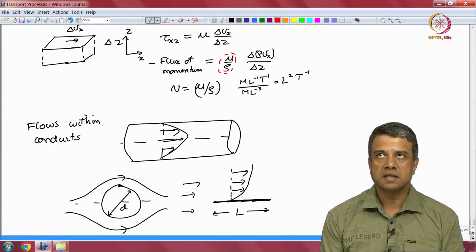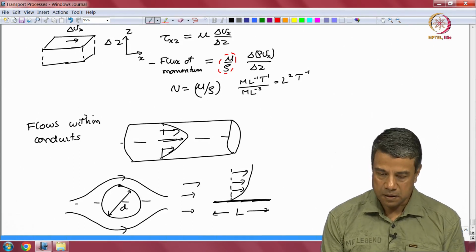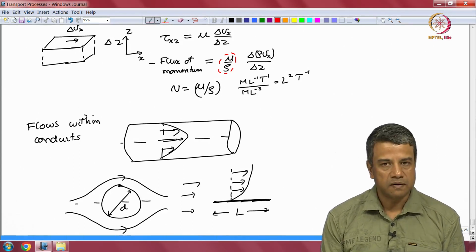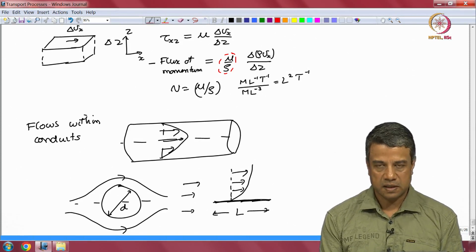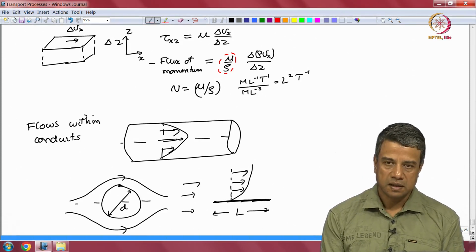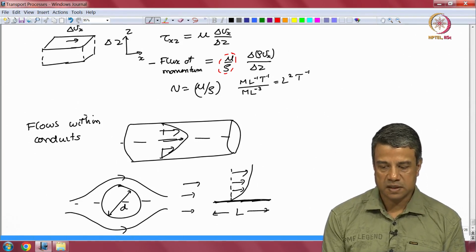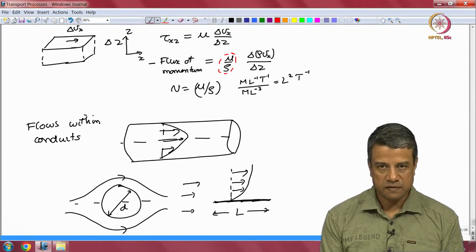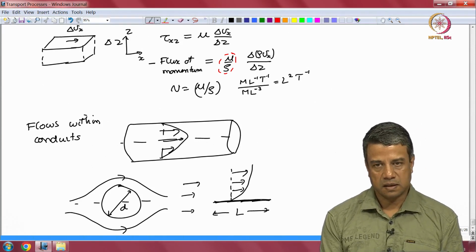Tau xz, as I said, is actually the negative of the momentum flux in the z direction. I will explain that later in the course, why it is the negative of a flux, and therefore, there is no negative sign on the right side in Newton's law.